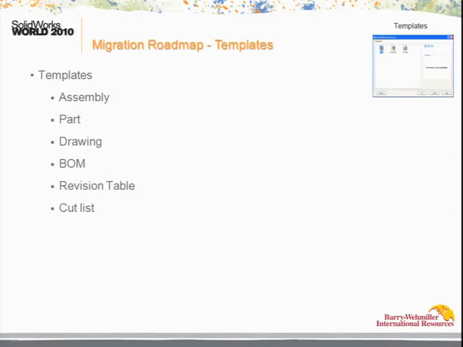It is so very important that you have the proper assembly, part, and all the other templates defined so that it is easier for you to bring in that standardization which your manufacturing people are always after.